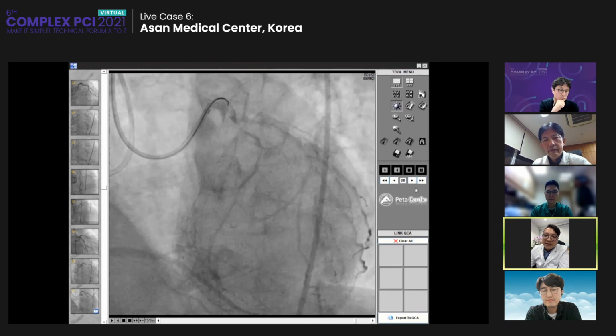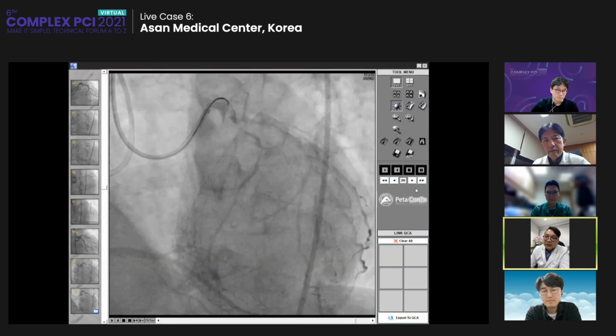In this case, the CT is very important because this CTO lesion ended before the bifurcation. The distribution of the calcified plug is very important for us to know. If the calcified plug is located at the outer curve, then the wire should be aimed towards the inner curve, and then go along the inner curve, along the septal side, so we can avoid making another subintimal space.